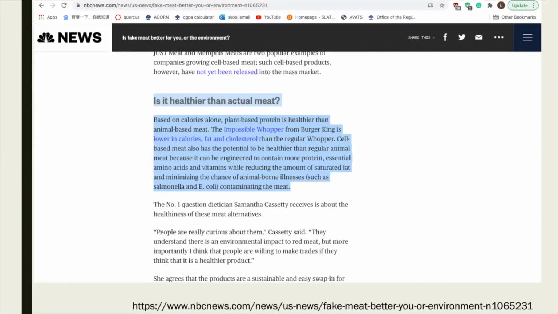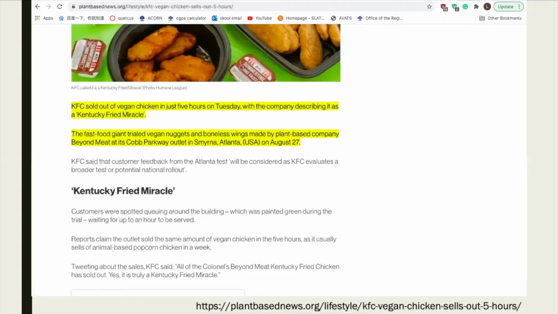So one of the reasons that people can't get rid of eating actual meat is because meat usually contains more proteins than vegetables. But essentially, with the newest technology, we can engineer our plant-based meat product to have more proteins than regular vegetables.